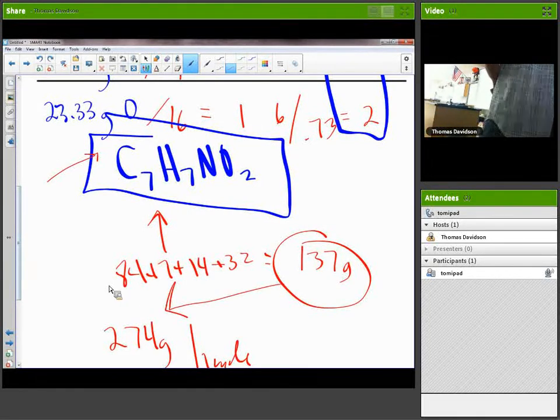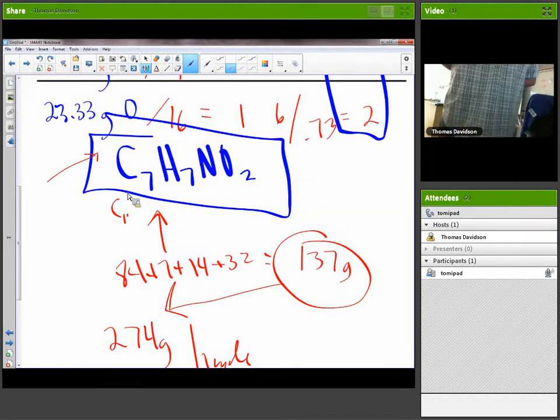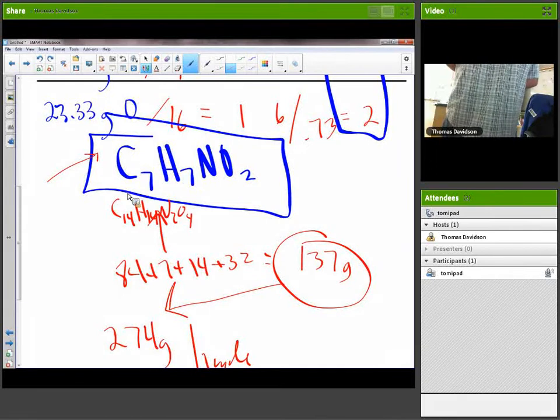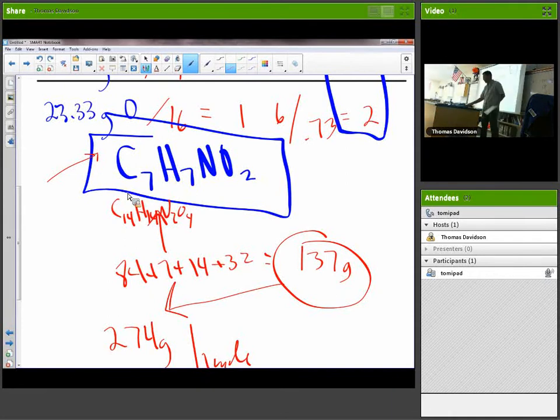So if this was true, the actual molecule would have been C14H14N2O4. You with me? We'll find the one from your homework, and we can do it real fast. So basically, we find the molar mass of the empirical formula, and we can multiply everything. It will be a factor of the molar mass of the actual molecule. Mm-hmm. That makes sense.